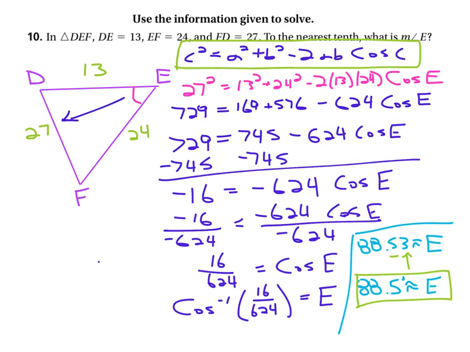And then plug in the numbers and simplify it out. Square everything, multiply these together. Combine these two into a single number and subtract that number from both sides. Then you get this equals something times the cosine of E, divide both sides by that number, drop the two negatives, there's two negatives, and then from this ratio you can do the inverse cosine of that ratio and it'll tell you the angle. Cool.